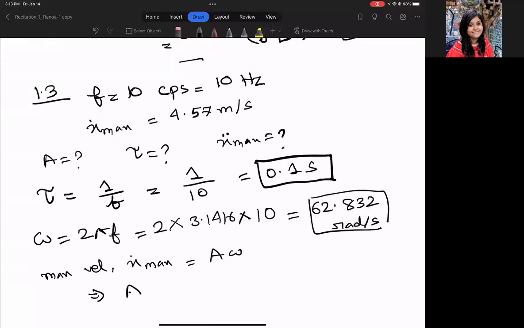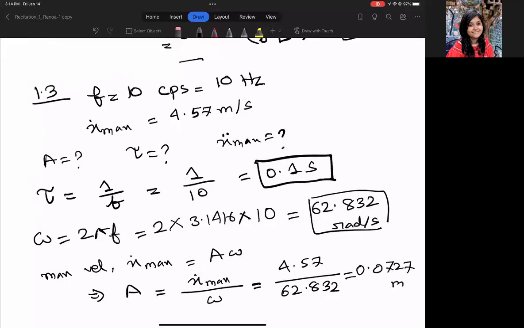So a will be equal to x naught max by omega, where x naught max is given as 4.57, and we just found the value of omega to be 62.832. If we calculate it, the answer will come as 0.0727 meters.